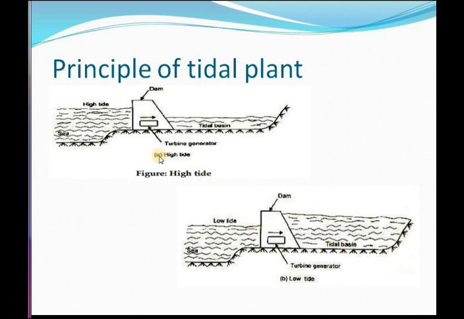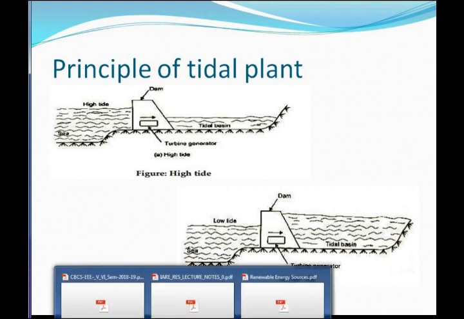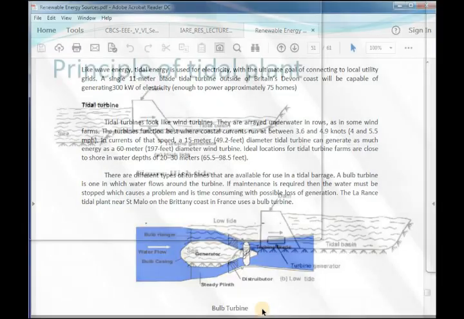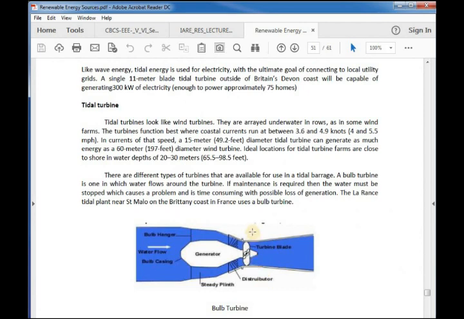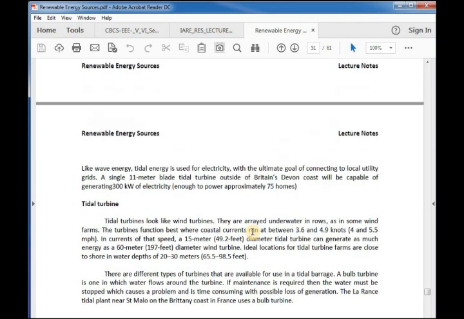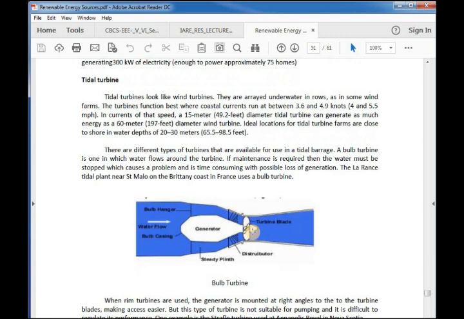Okay, now if you are seeing this tidal power generation, there are different arrangements of tides present. So if we see here, how are the different tides constructed, we'll see. Okay, so the tidal turbines are very similar to the wind turbines. Here, this is a bulb turbine.